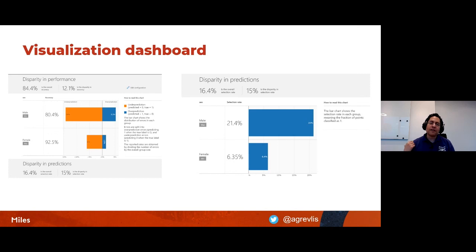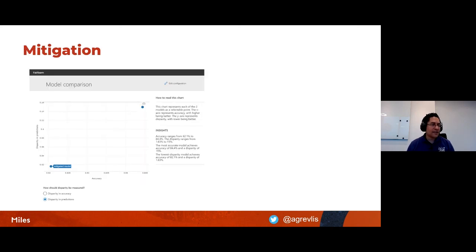But we can use Fairlearn in order to correct this. We can retrain our model using some inbuilt functionality that Fairlearn offers us, and then run this again. On the left-hand side, we have our mitigated model, and on the right-hand side, we have our original model.